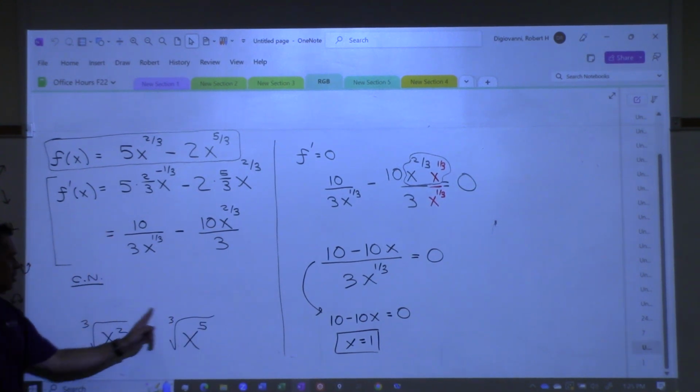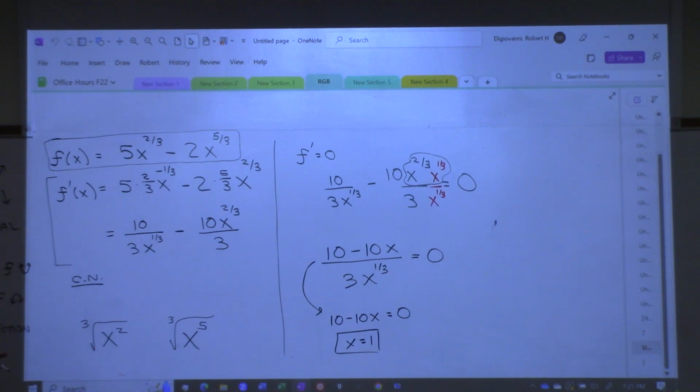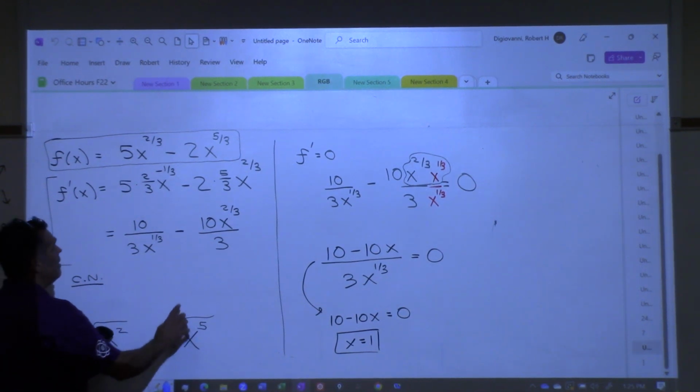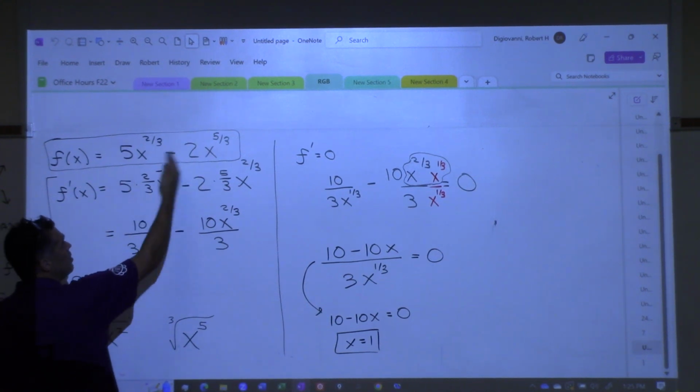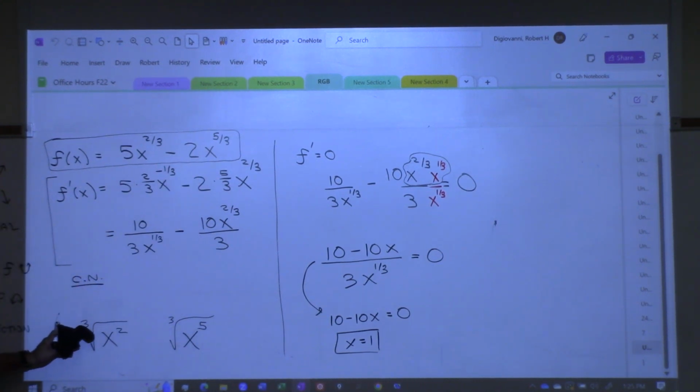And because these are cube roots, I can have negative numbers in there, right? So I would only be concerned here if these were square roots or 4th roots or 5th roots. Then I would have some domain restrictions, wouldn't I? So I'm not worried about plugging in here and giving me an imaginary number. And I also don't ever see a fraction where I'm going to have division by 0, right?